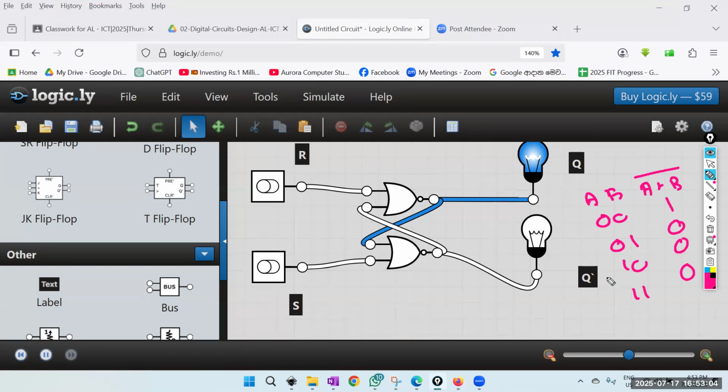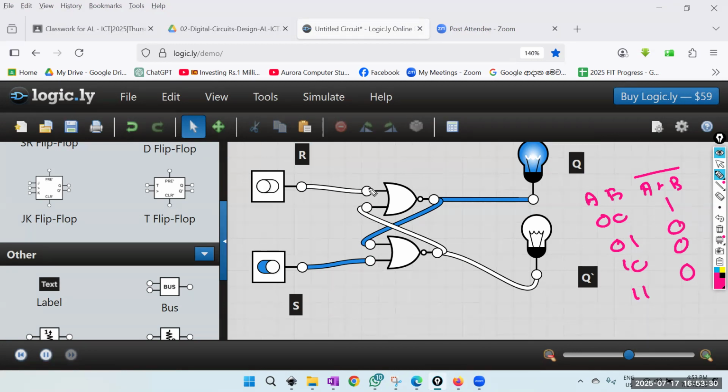Right, now what happens with S 1? That is set, right? S 1, R 0. Now, how do you explain this output? You can see that only when both inputs are 0 is the output 1.